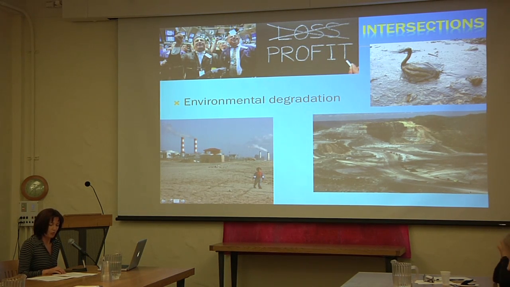From an ecological point of view, this progress, in fact, is immense environmental degradation. It is depletion of natural resources, alteration of geographic landscapes, destruction of ecosystems, and a cause for the extinction of plant and animal species.